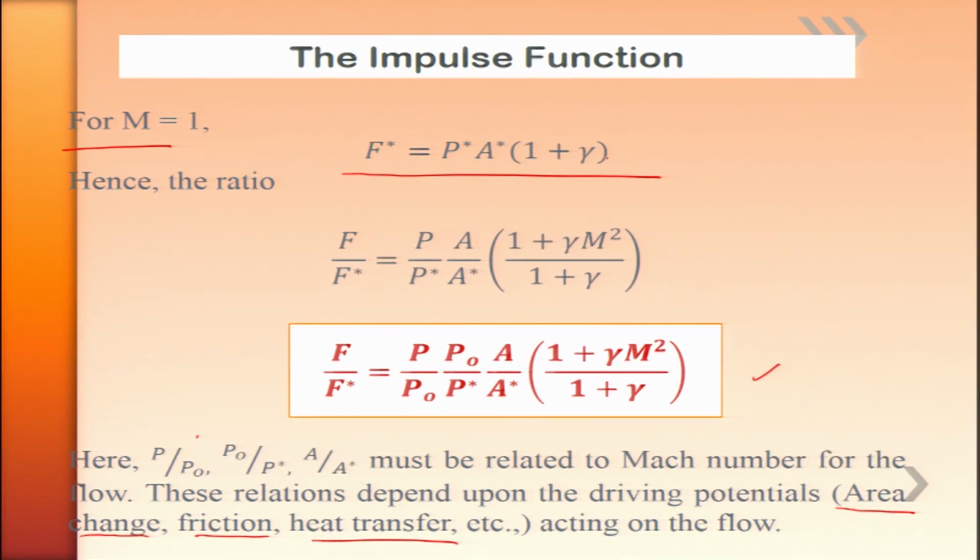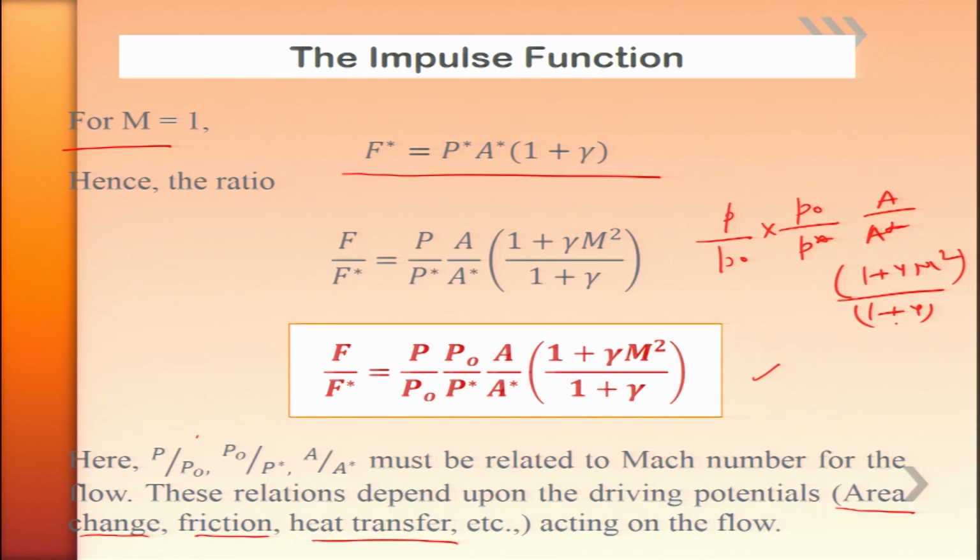Let us divide f by f star, P by P star, then the right hand side becomes P by P star, A by A star, 1 plus gamma m square upon 1 plus gamma. Since we are aware of the relationship of P by P naught, then by doing this exercise, that is P by P naught multiplied by P naught divided by P star, and A by A star, and in the bracket 1 plus gamma m square divided by 1 plus gamma.